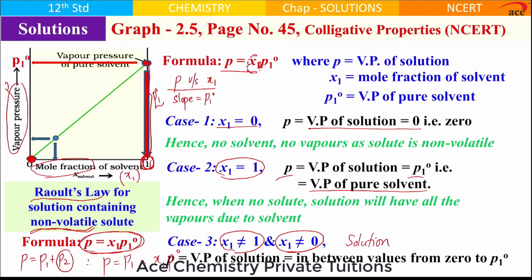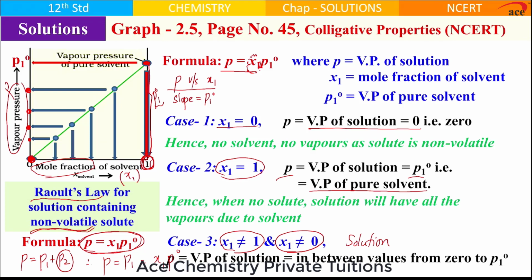That means the vapor pressure of the solution will be here and will be less than P1 naught. Or you can have this point also, because this also lies between x1 0 to x1 1, or you can have this as a point, or this as a point. Are you understanding it? All this stands for vapor pressure of solution. What does that mean?